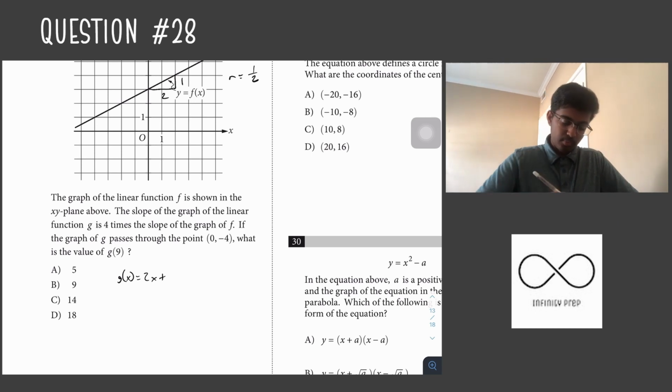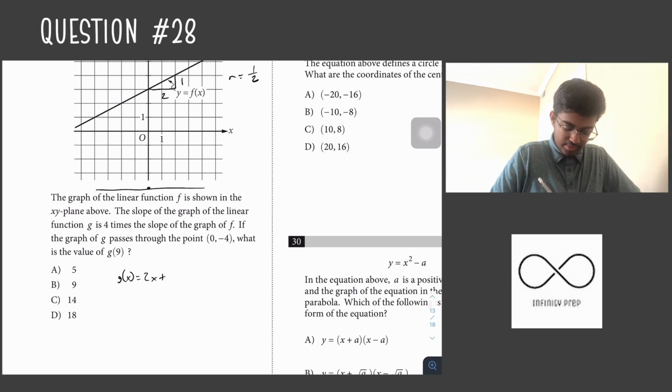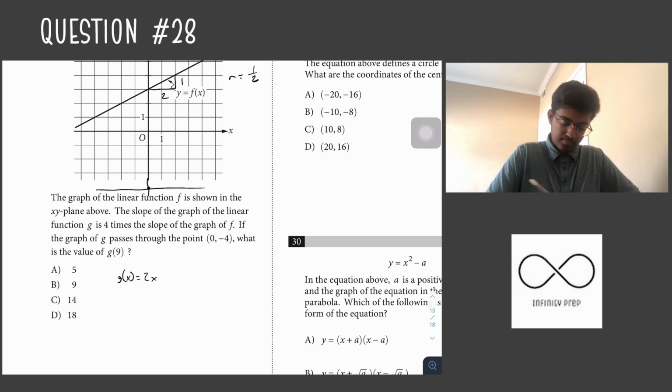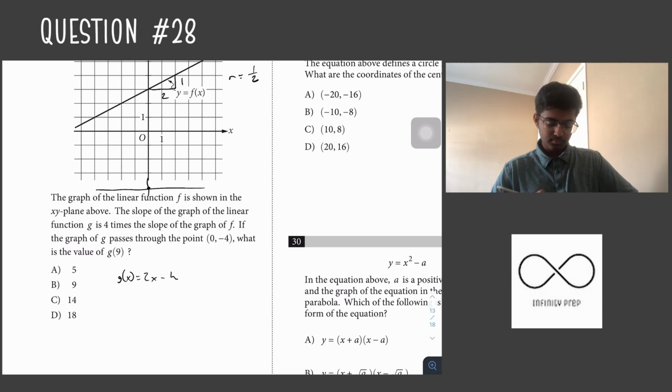Point 0, negative 4 is 1, 2, 3, 4 right there. This is where the graph of g of x intersects the y-axis, so that's the y-intercept. So it would be 2x minus 4.